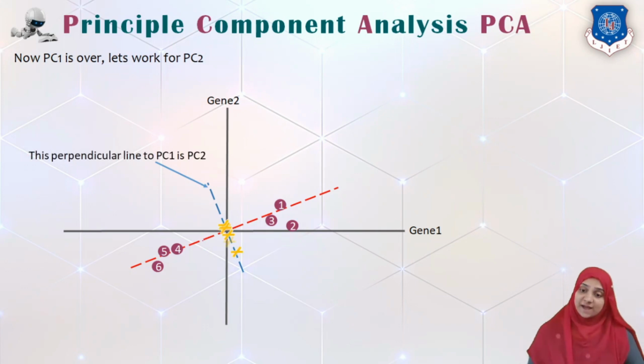We have to project all these data points perpendicularly over PC2. So this is the projection of data point 1, data point 4, data point 5, data point 6, data point 3 and data point 2. All these data points are projected perpendicularly, as you can see.